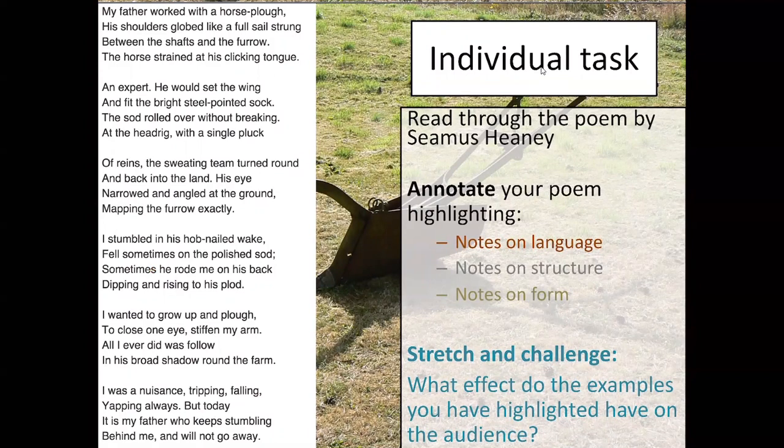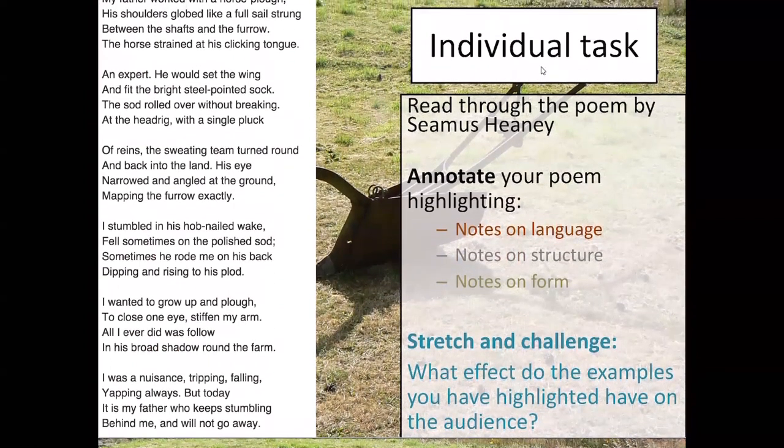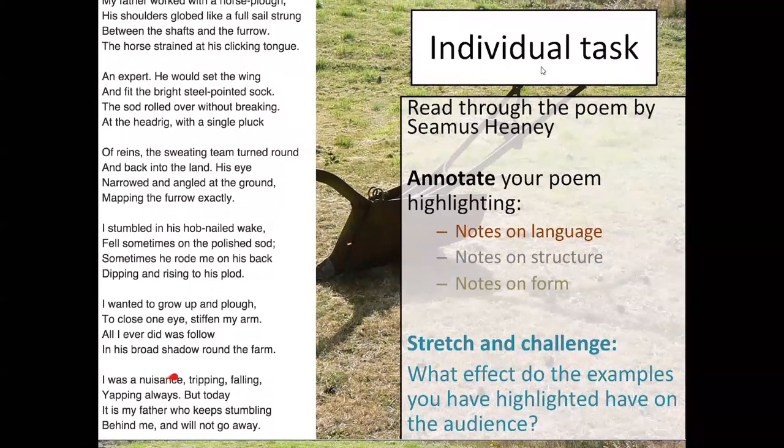And then it goes on to, in the 5th stanza, just giving us a bit of context behind that, he wanted to grow up like his dad and plough like him. And all he ever did was follow in his broad shadow, there being quite a powerful image of almost being unable to match up to his father. And then we get a real shift in the final stanza where he sort of sums up his own performance. "I was a nuisance, tripping and falling."